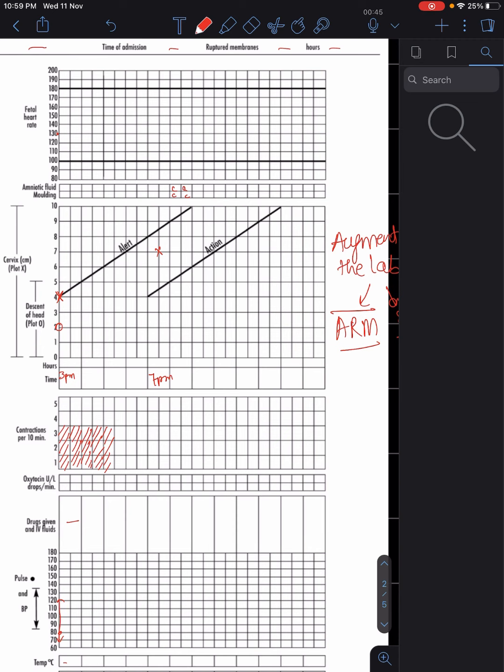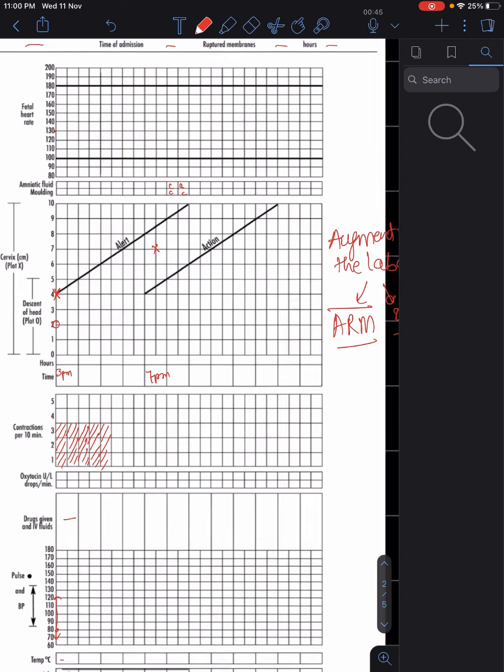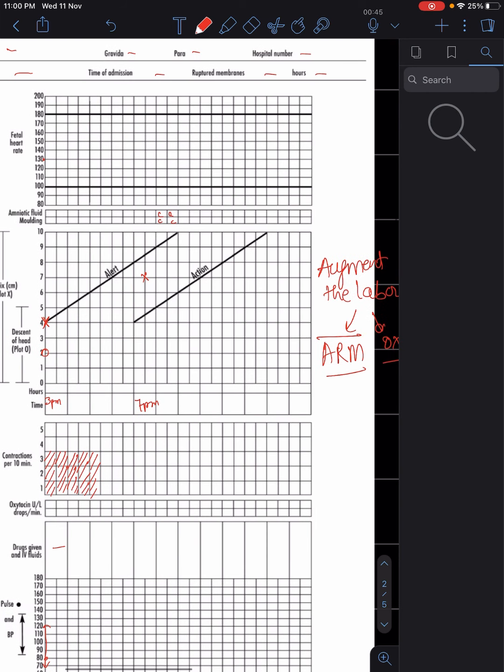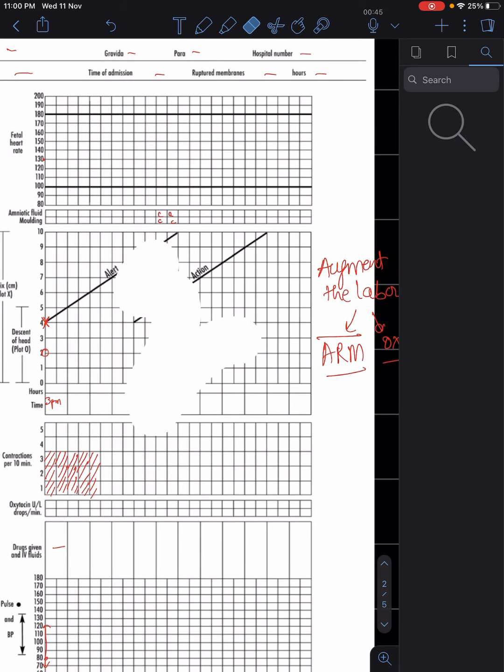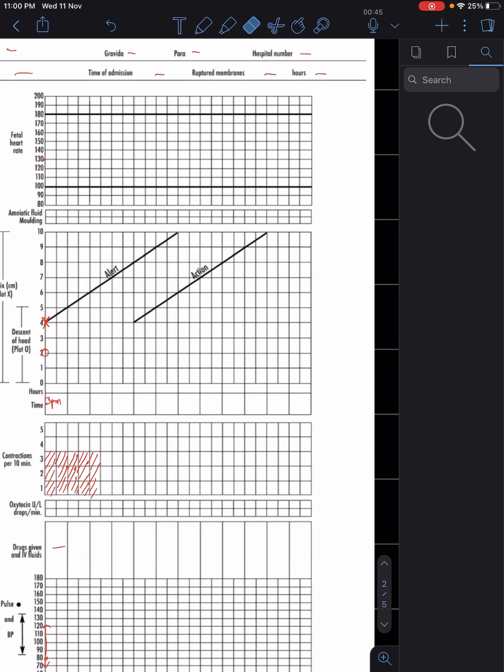Okay, supposing I take a case scenario 3, right, in which at 7 p.m., this is where her 7 centimeters was, right?